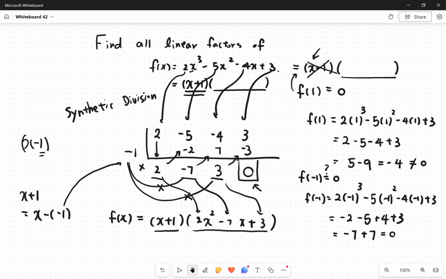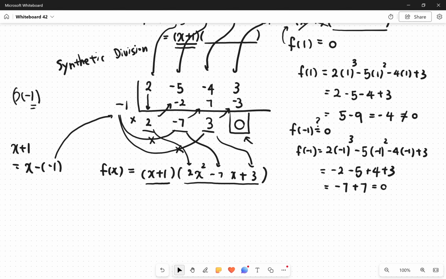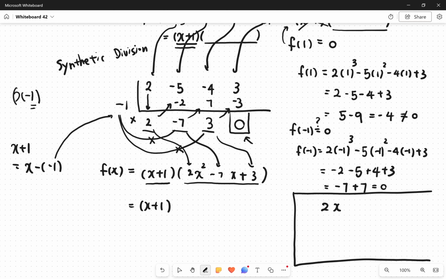Then step 3 is we want to find all linear factors of the quadratic function 2x squared minus 7x plus 3. Let me write down this step here: 2x squared minus 7x plus 3. As in my previous video on finding all linear factors of a quadratic function, there is a simple way: we identify all factors of the coefficient of x squared, which is 2, and of the constant 3.